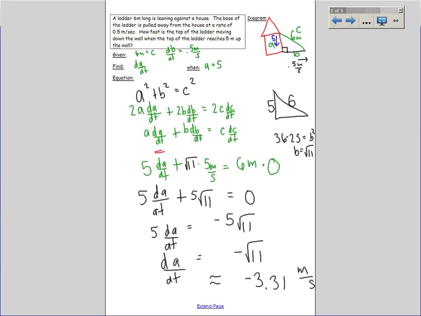That is because we are trying to find the rate at which this distance here is changing. It started off at a larger number and it's going to get smaller as we pull the ladder away from the wall. The distance from the ladder up high is going to be getting shorter. So it should make sense that our change in that length is going to be negative.